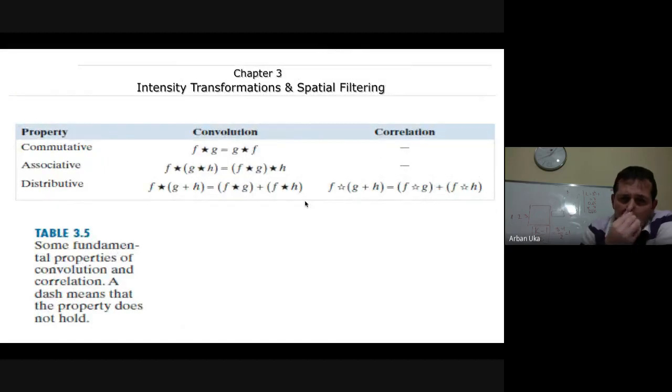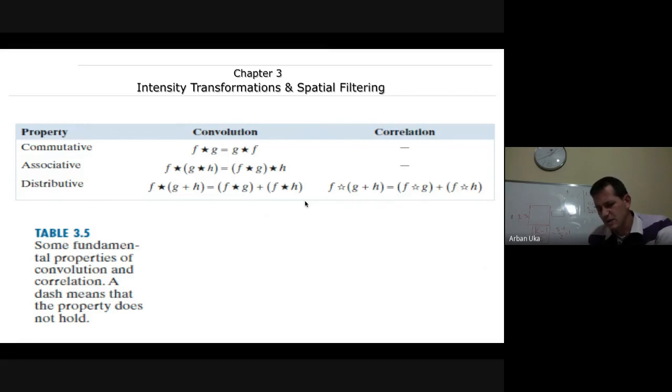Now, the convolutions have some specific properties, such as when you convolve two functions f and g, it is the same as convolving g and f. So it does not matter the order of applying a specific convolution or a specific filter.